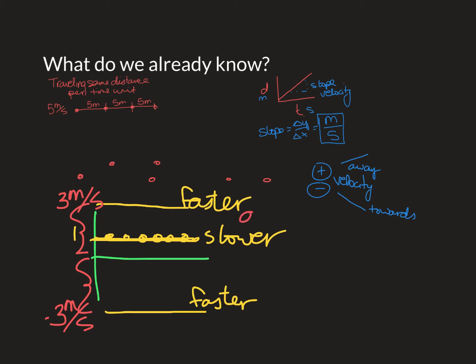So this one's going away because it's positive, and this one's going towards because it's negative. See all this stuff we know? We actually know more than we think we know.